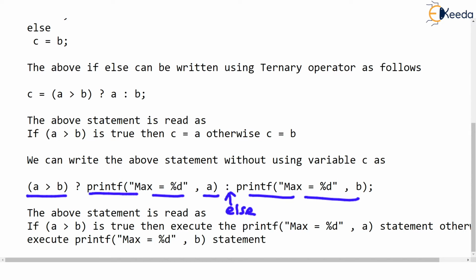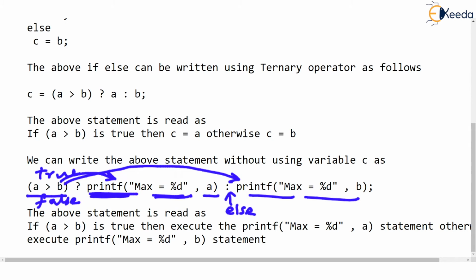So if this condition happens to be true, suppose, then the statement or expression given after the question mark will run because the condition is true. So it will print A. Indeed, it should print A because A is greater than B. But if the condition is false here, then the part written after the colon should run.